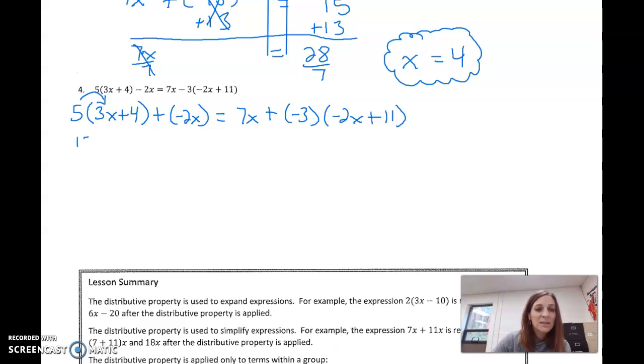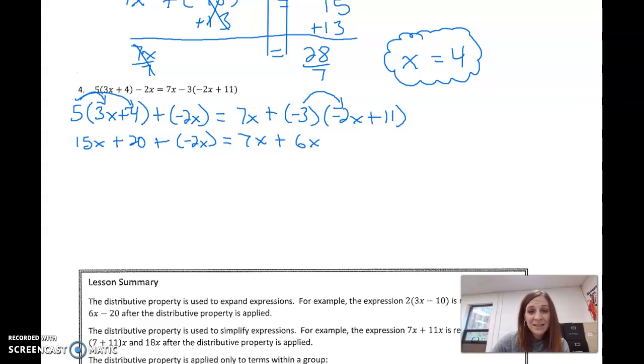5 times 3x is 15x plus 5 times 4 is 20 plus negative 2x equals 7x plus negative 3 times negative 2 is a positive 6x plus, negative 3 times 11 is a negative 33.